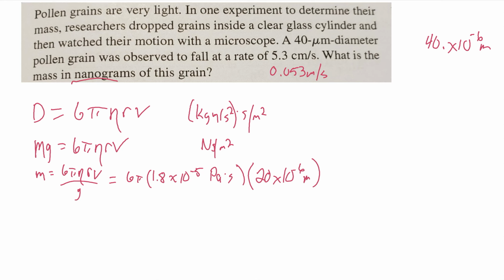Then times the 0.053 meters per second, divided by g in meters per second squared, solving for m. All of these units should boil down to just kilograms.